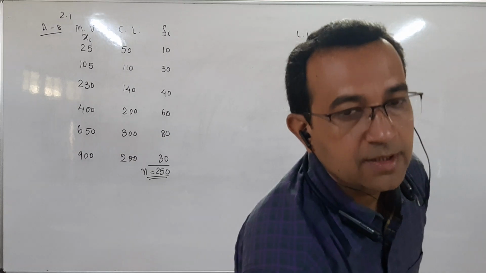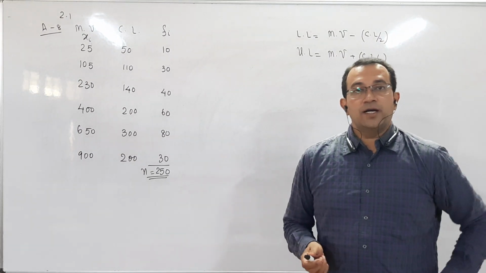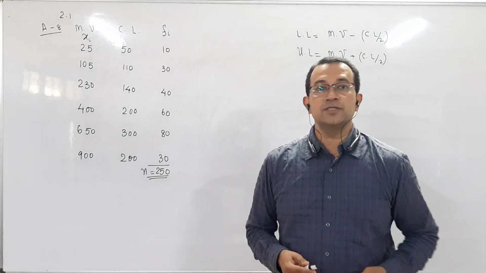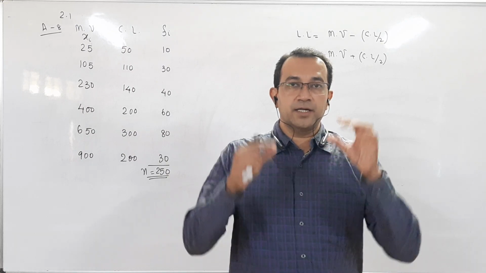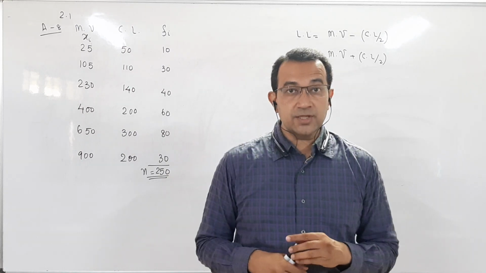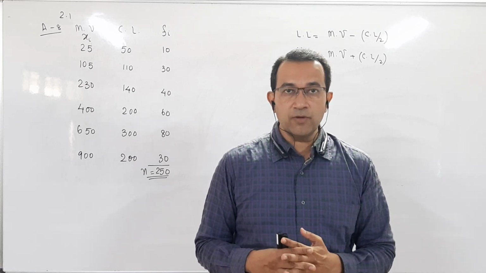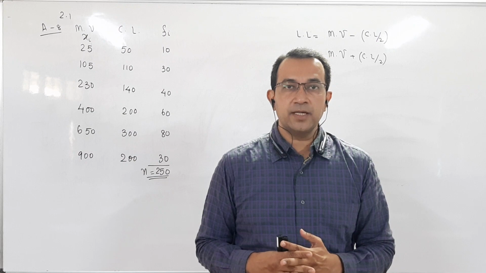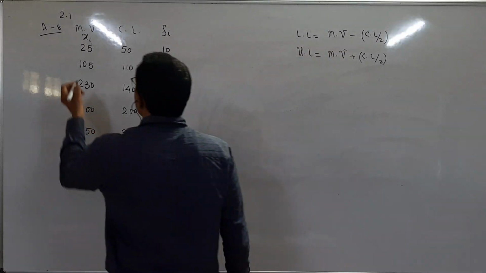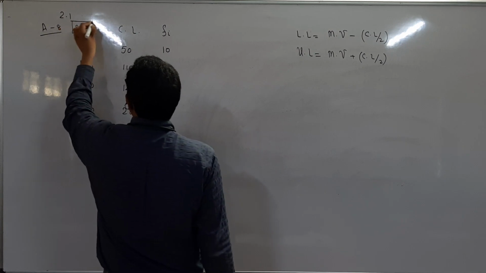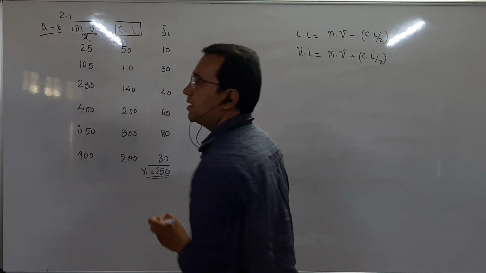Now students, pay attention. The formula, if you recall, in the theory of points to be considered while preparing a continuous frequency distribution. In that, we have studied the formula how to find lower limit and how to find upper limit of a class provided two important things are given, and I told you those requirements are mid value and class length.